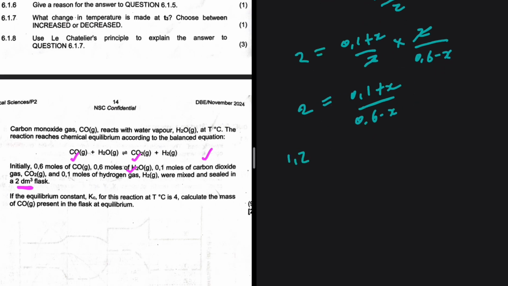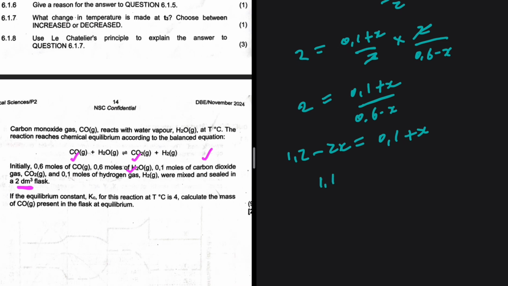So 1.2 minus 2x is equal to 0.1 plus x. So 1.2 minus 0.1 is 1.1. Okay, I feel so stupid, but I don't want to make any mistakes. x plus 2x is equal to 3x. So x is equal to 1.1 divided by 3, which is 0.3667.